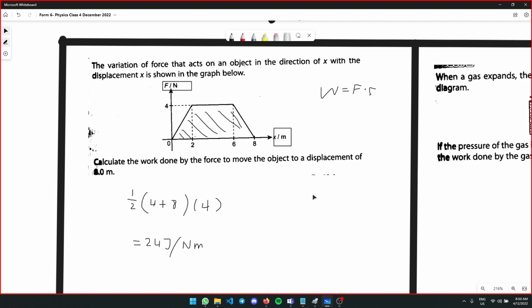Maybe they give you the work done and then ask you to find the displacement or the force. It doesn't always give you force and displacement to find your work. For those, you can give it in Newton meters first. But if generally they ask for work done, just give it in joules.